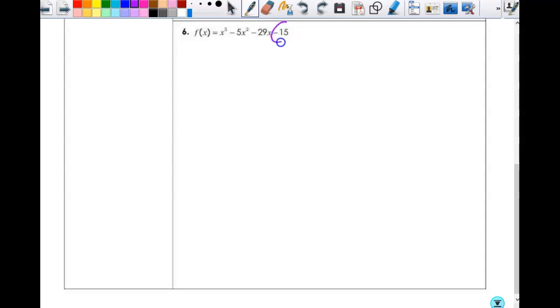So that means I'm going to use the constant term and this leading coefficient. And since this is 1, I don't have to make my little fraction. Pretty much my possibles are just the factors of 15. So plus or minus 1, plus or minus 3, plus or minus 5, and plus or minus 15.